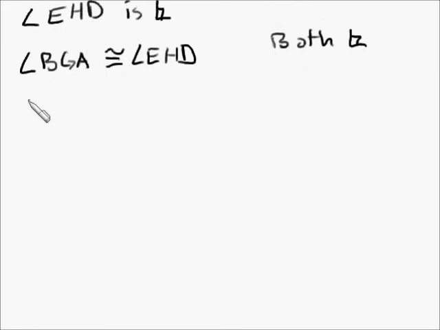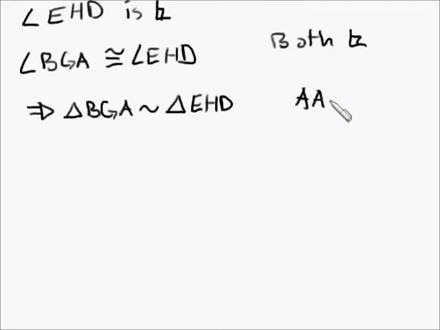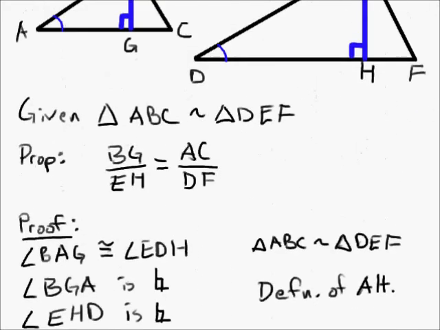So this implies that triangle BGA is similar to triangle EHD, and this is angle-angle similarity.